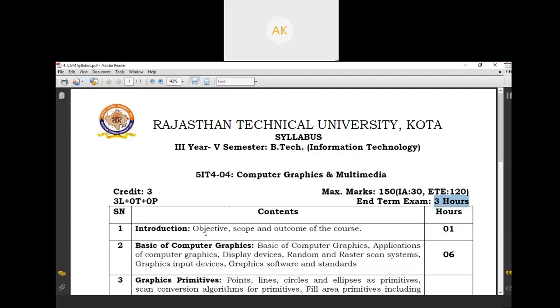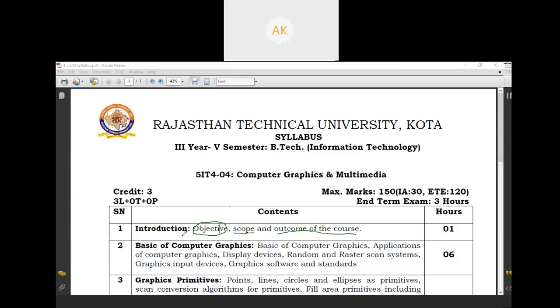The content of this subject, the first unit, is the introduction. In this introduction, we will discuss the objective of this course, the scope of this course, and the outcome of this course.